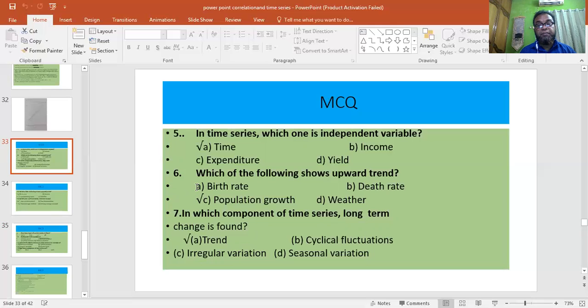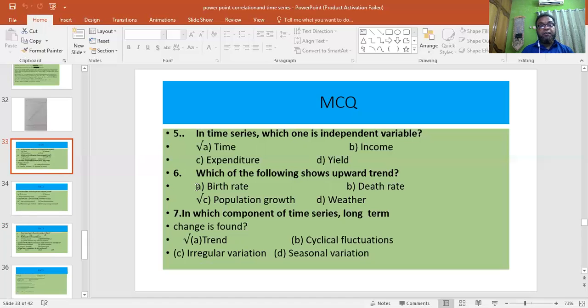Number 7. In which component of time series is long-term change found? Trend, cyclical fluctuation, irregular variation, seasonal variation.